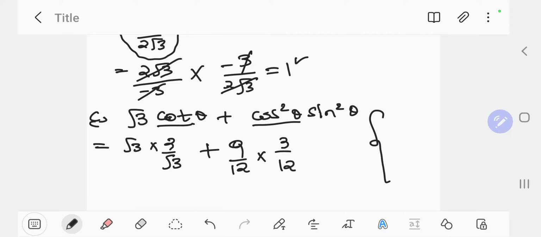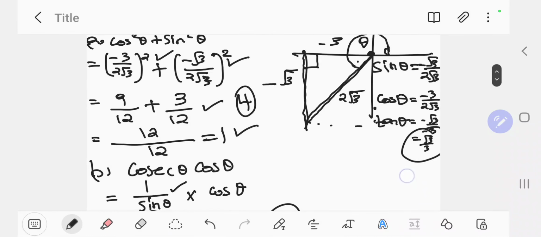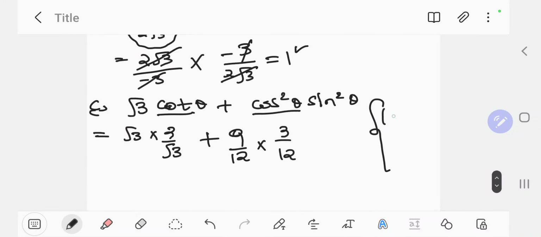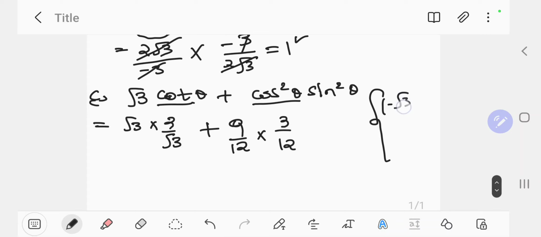If you don't really understand where we got these two, you need to remember that sine theta is going to be root 3 over 2 root of 3. Then you must put in bracket negative, it's going to be your negative root 3 over 2 root of 3. And then from there we square.